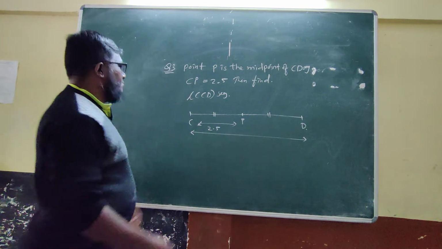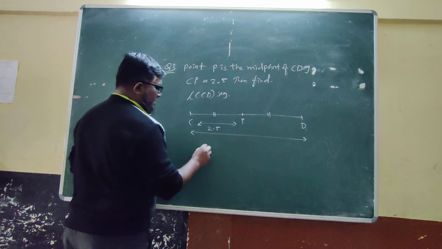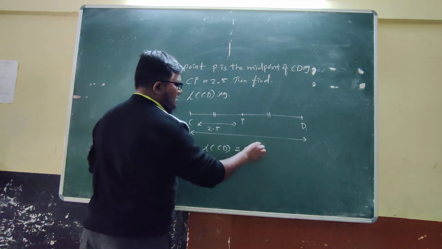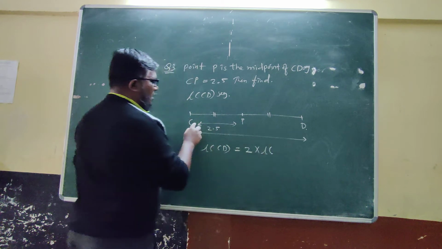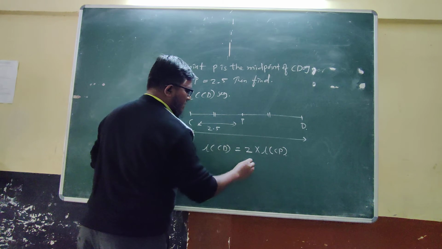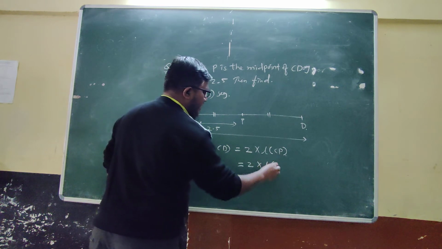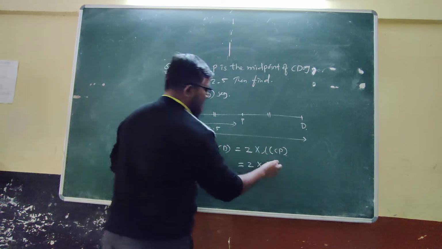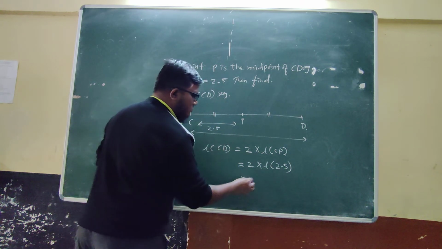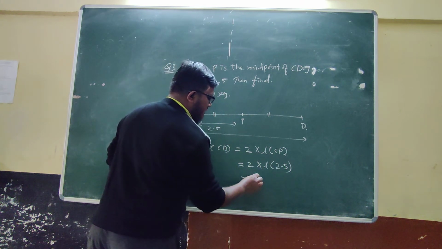Now, in this example, we have to find CD. Length of CD is equal to twice the length of the half part, that is CP. And the value of CP is already given. Length of CP is given as 2.5. Now, 2.5 multiplied by 2, double of 2.5, is what? 5.